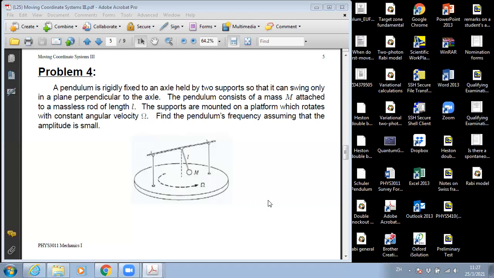Now, when you are in the left frame, you see that the pendulum is actually rotating at the same time. It is oscillating back and forth. Now, for small amplitude motion, find the frequency of the pendulum.